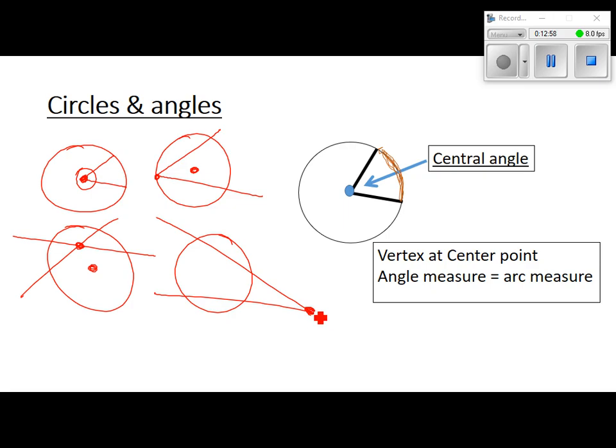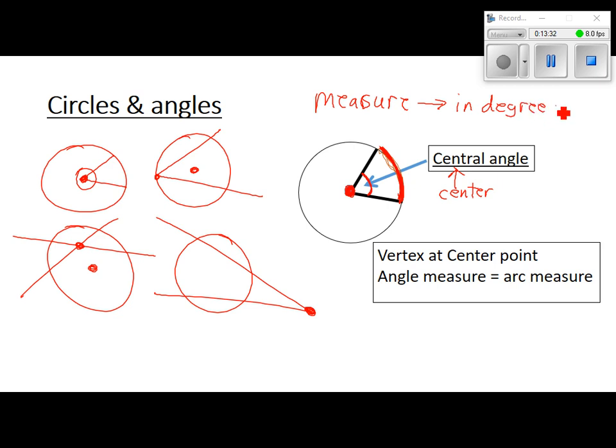This first one, a central angle. A central angle has its vertex at the center. So that's what central tells you. The corner of the angle is at the center. Anytime you have that, the measure of this angle and the measure of this arc are the same. Remember, when we're talking about the measure of an arc, it's always in degrees.